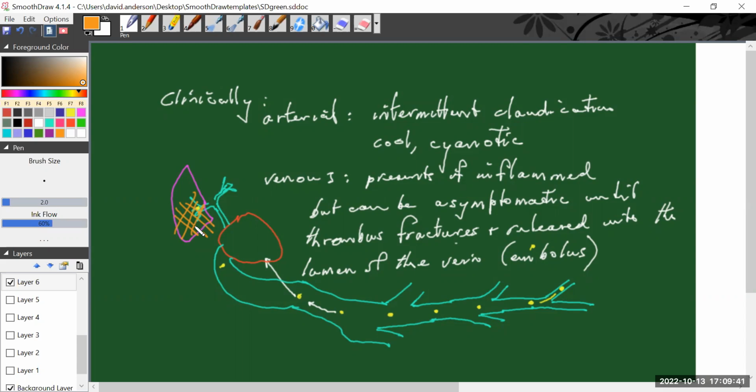No more exchange of air across that area into the blood vessels, poor oxygen delivery on the other side. We have a life-threatening situation in front of us. So that we describe as a pulmonary embolism.